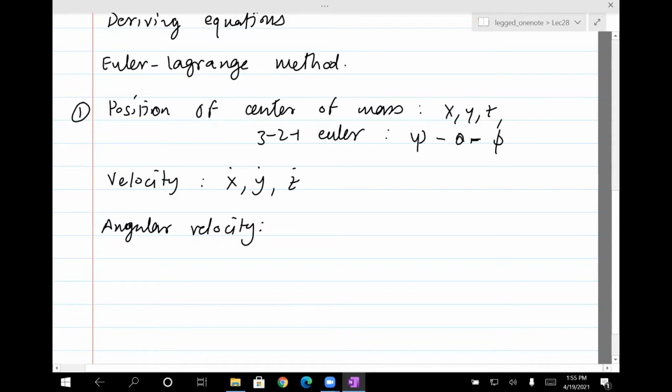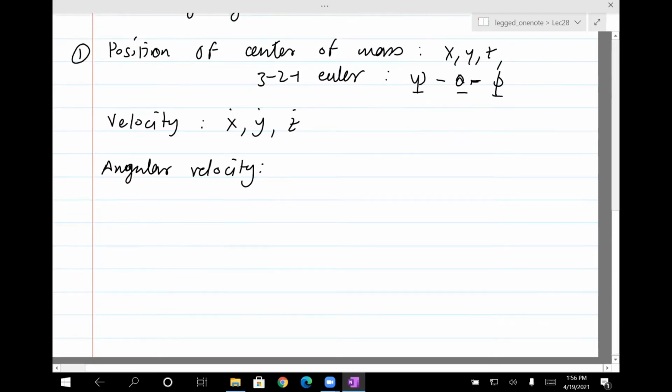Euler rates by themselves don't directly give us angular speed, so we need to find a relation between them and the angular speed. But we are stuck with the Euler rates because we use the Euler angles to represent the rotation, so those derivatives will be available to us.